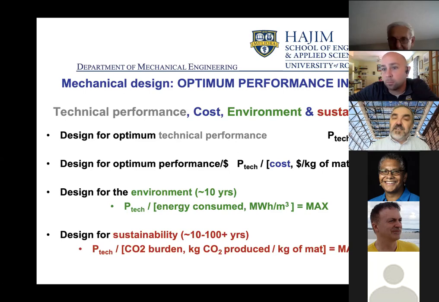I'm also looking at the environment, again a 10-year type of horizon. I need to be concerned with how much, for example, electrical power I'm consuming when I produce this kind of design, and so on and so forth. Why? Because electrical power essentially needs the burning of fossil fuels for its production.